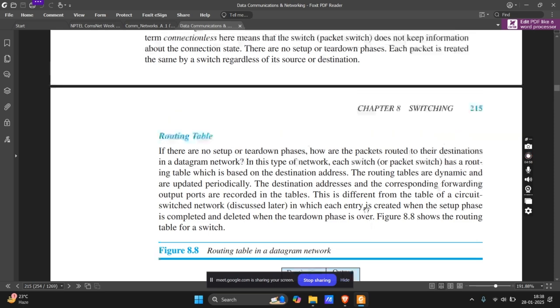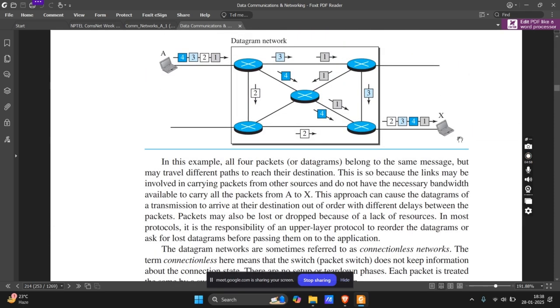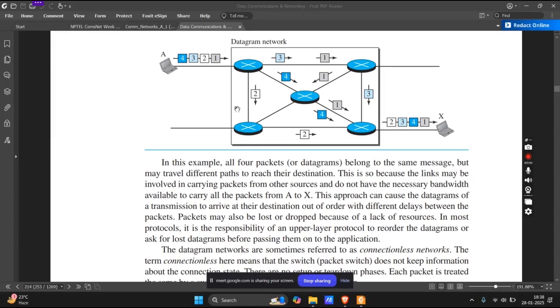Now, there is no connection between A and X. So how do the packets know where to go? Packet 3 is coming to this switch here, and then it is going to this switch, and from here it is going direct down, not here, not here. So how does packet 3 know it has to first go right, then down to reach X?